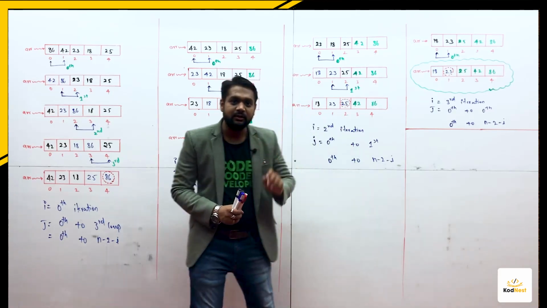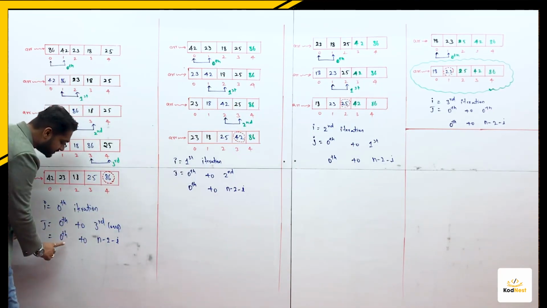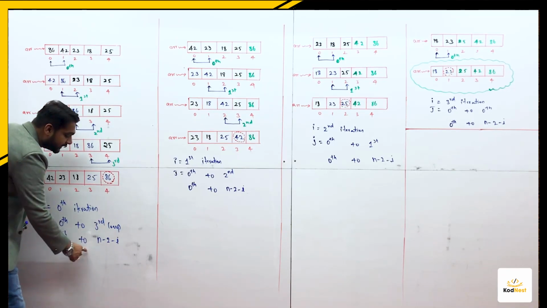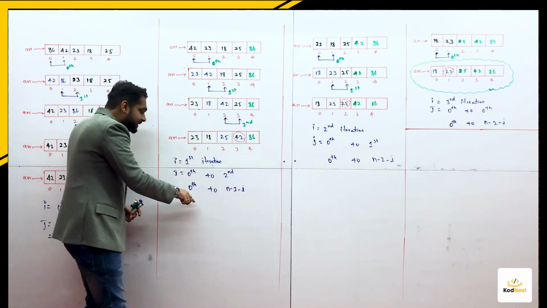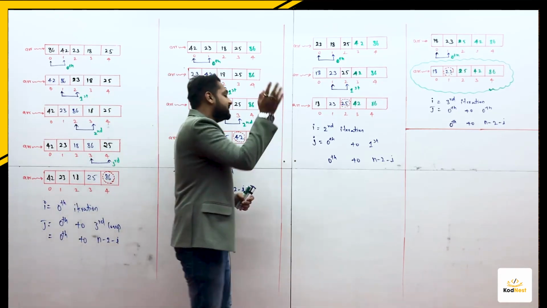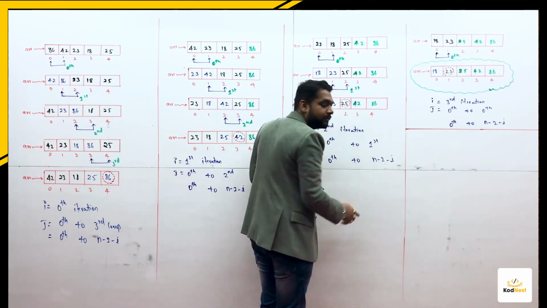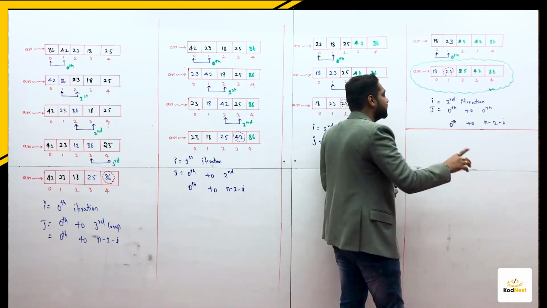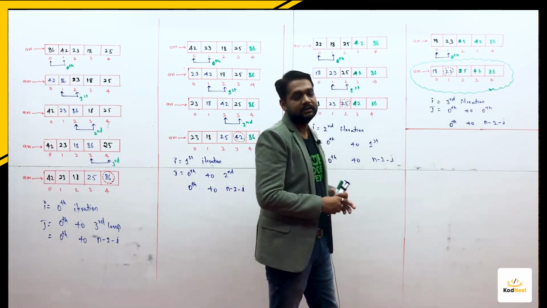In every iteration, I am doing comparisons. How many? Starting from the 0th comparison, I am doing up to n minus 2 minus i comparisons. In every iteration, from 0 to n minus 2 minus i comparison. That is what I am doing.